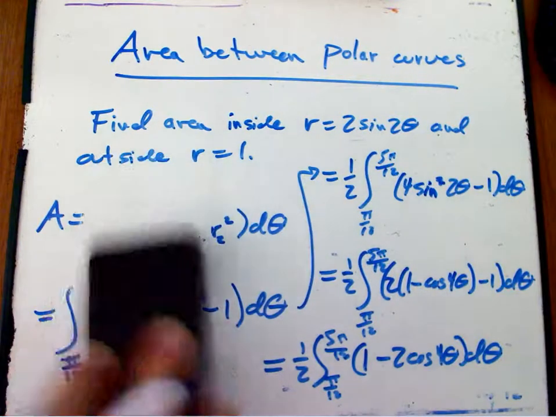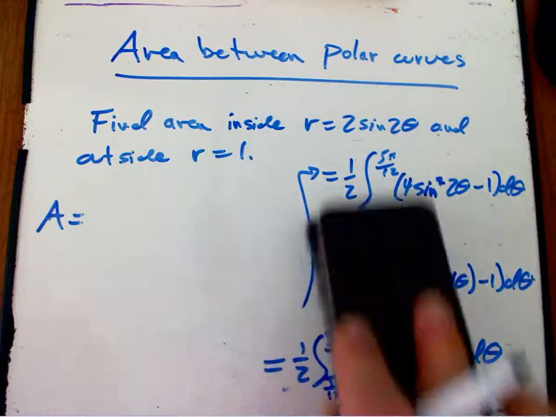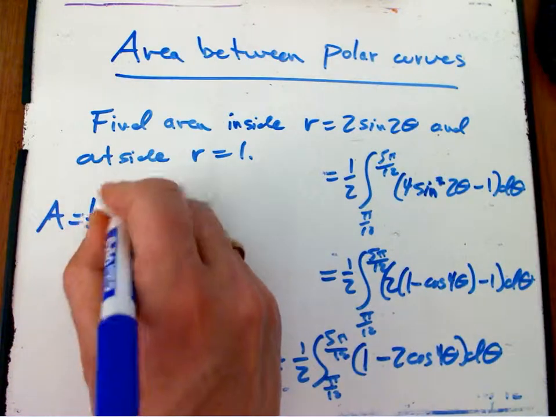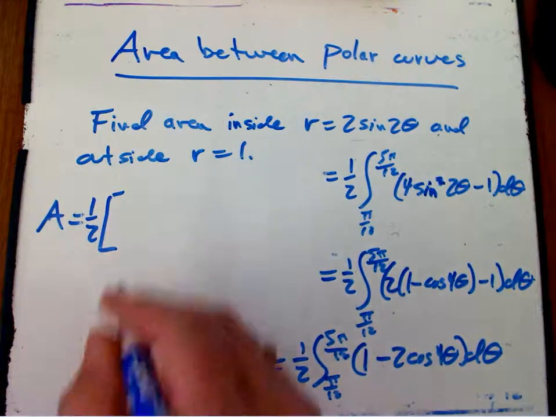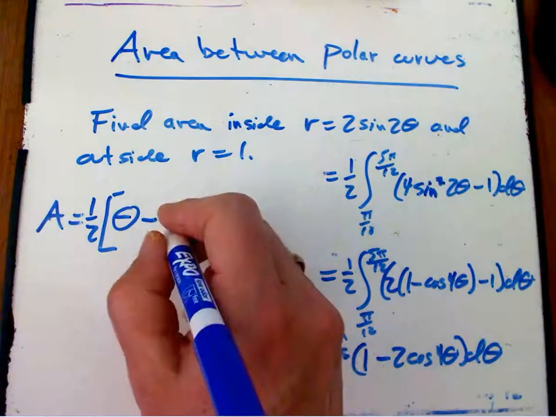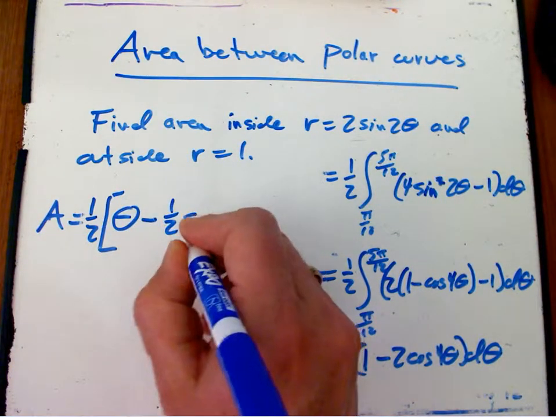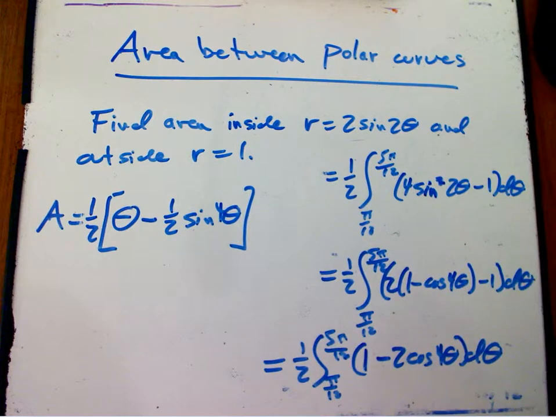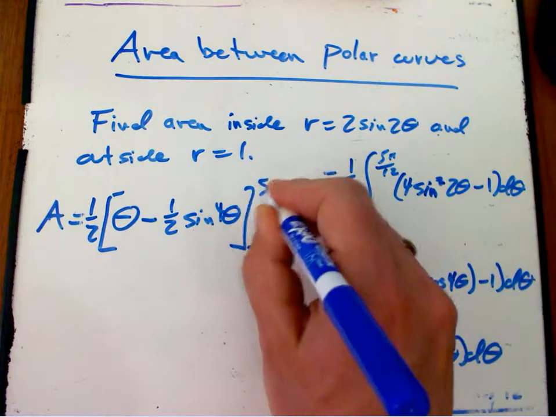Okay, we're getting close. And so we're getting 1/2. Okay, so now we can anti-differentiate. We got a theta minus 1/2 sine 4 theta, all from pi over 12 to 5 pi over 12.